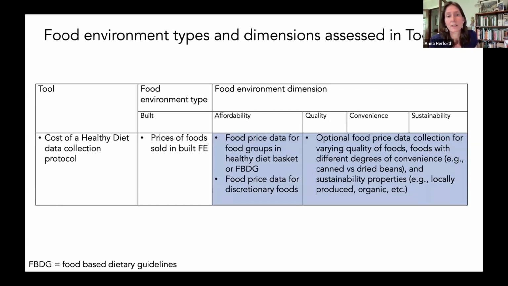The Healthy Diet Basket has 6 different food groups, and we can collect food price data for these food groups, as well as for discretionary foods that might not be necessary for a healthy diet, but might be competing with people's expenditures when they are trying to purchase healthy diets in the market.